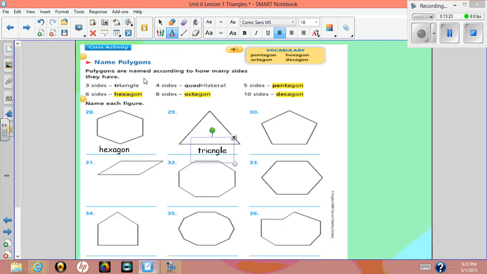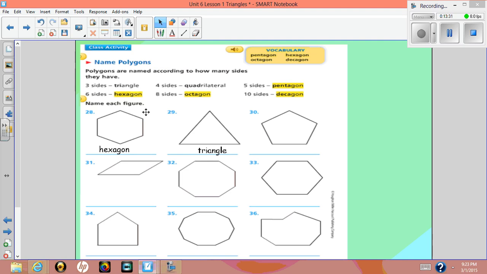The last area we're going to discuss is polygons are also identified for the number of sides that they have. If you identify endpoint to endpoint on the lines, you can identify different kinds of polygons by the number of sides.